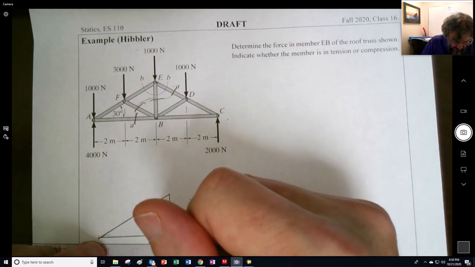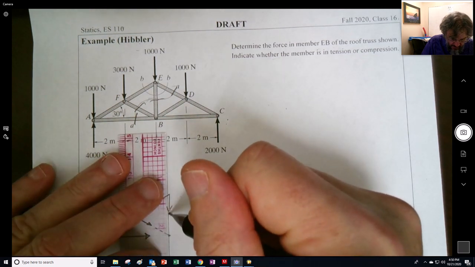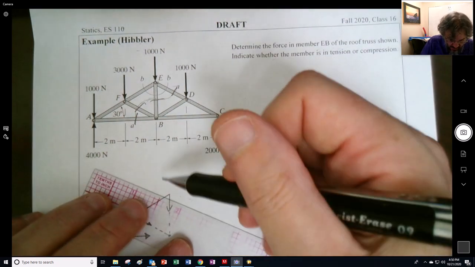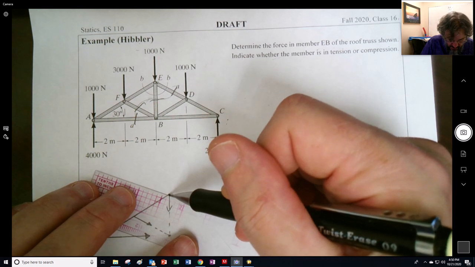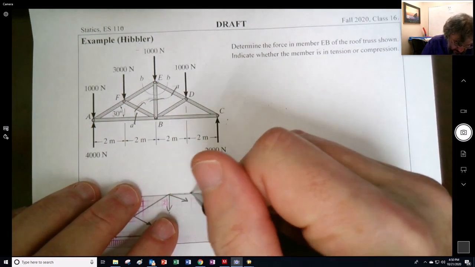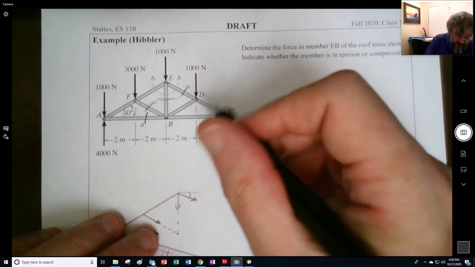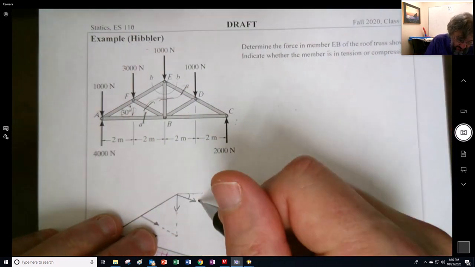And then have that one, it's all going towards here, and then we have a force right here. If we look, we notice that's 30 degrees. And then this one we'd call FDE.